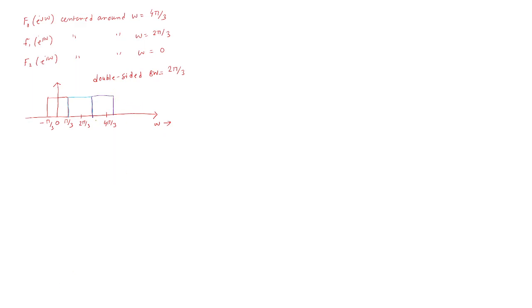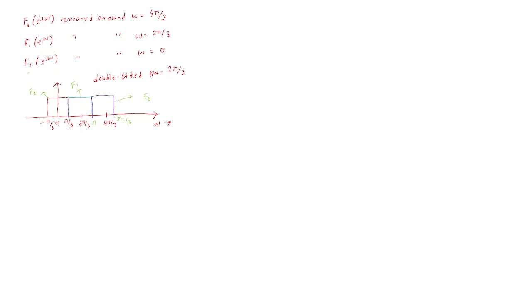So you can say this is pi, this is 5 pi by 3. So this one is the spectrum of F0. This one is the spectrum response of F1 and this one is of F2. See, F2 is centered around 0, F1 centered around 2 pi by 3, F0 centered around 4 pi by 3.